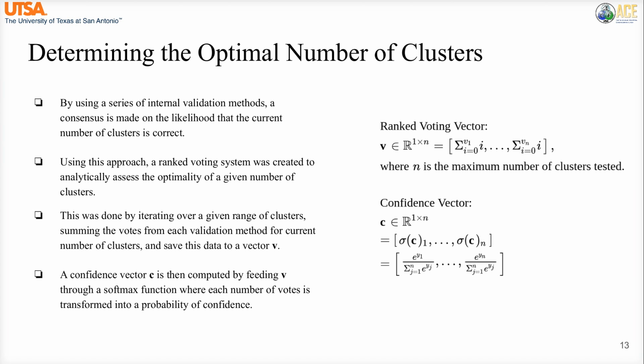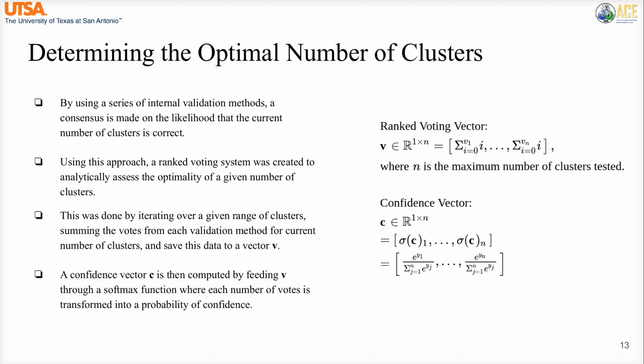Using this approach, we created a ranked voting system, which was used to analytically assess the optimality of a given number of clusters. This was done by iterating, like I said, over a given range of clusters, summing the votes from each of the internal validation methods for each number of clusters we were testing, and saving this data to a vector v, where the indices of the vector v are the number of clusters we recorded.